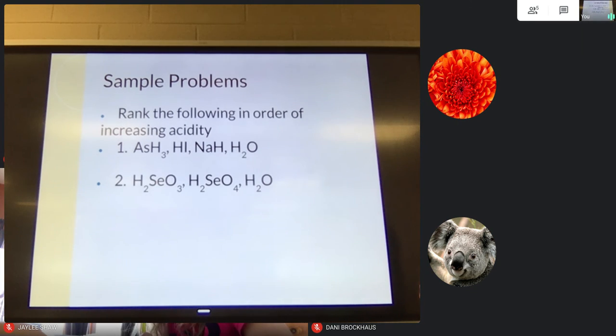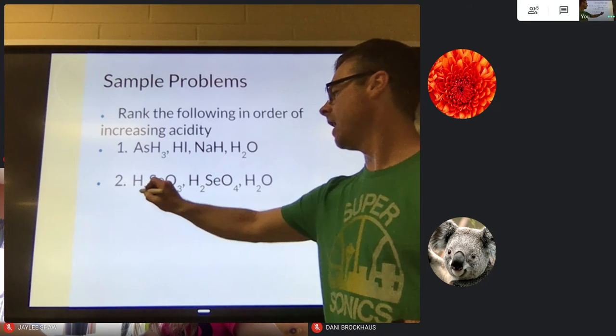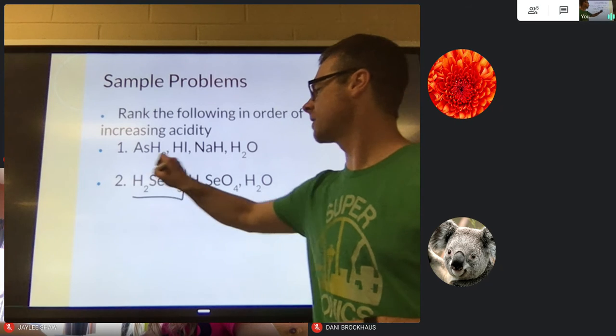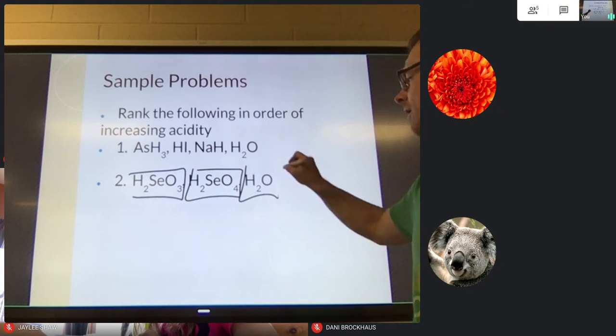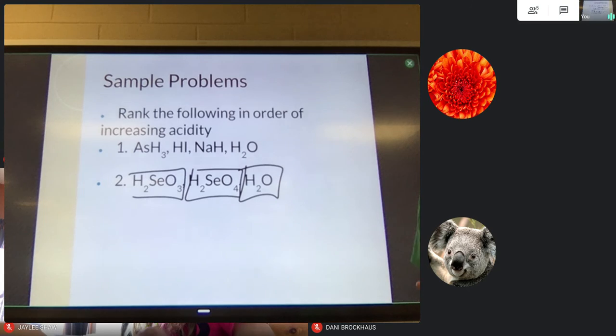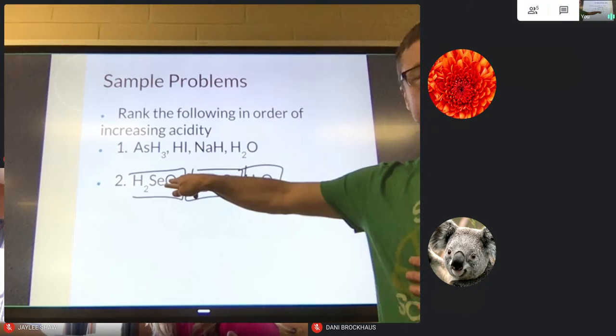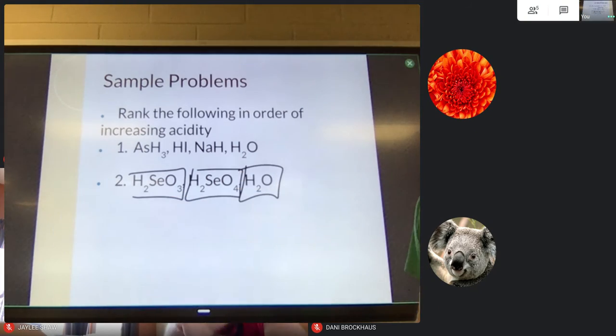All right. So when I look at this, I don't even know what this acid is called. It doesn't even matter. I just know that that looks like an oxyacid to me, and that looks like an oxyacid to me, and that looks like water. So I'm going to guess these two are more acidic than water because of the way they're written and the fact that they're oxyacids.